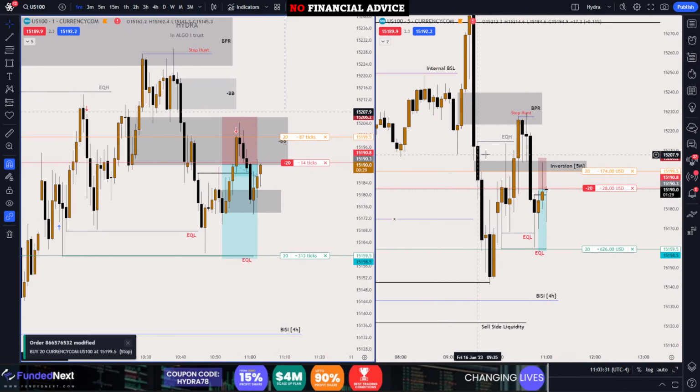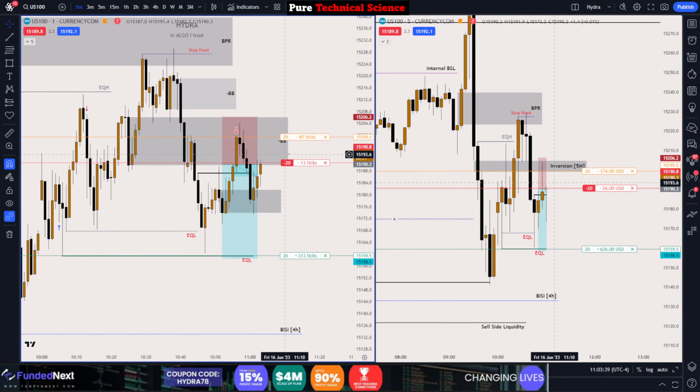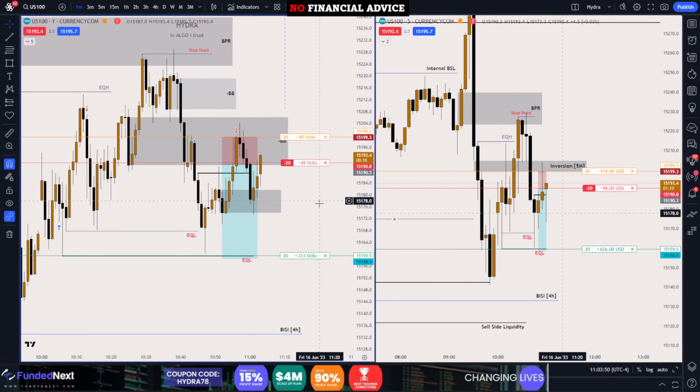I'm not willing to see price revisiting this inversion again. If price wants to drop, it will do so from this breaker block now that it's hitting it again. But if it's moving way more than that, it will just hit my stop loss eventually. So I'll just trail it and lower my risk.